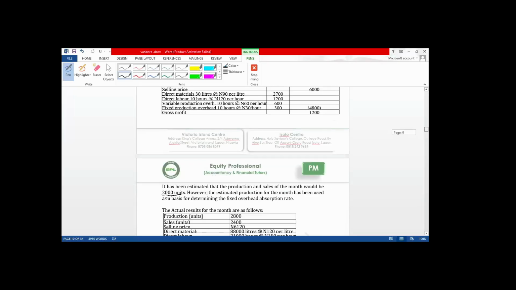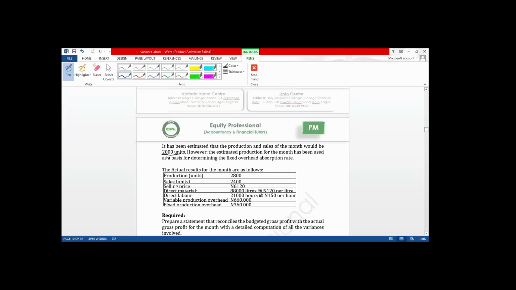Look at the actual table. Sales, actual result, 2,400 units. Actual selling price, 6,120. Please multiply.